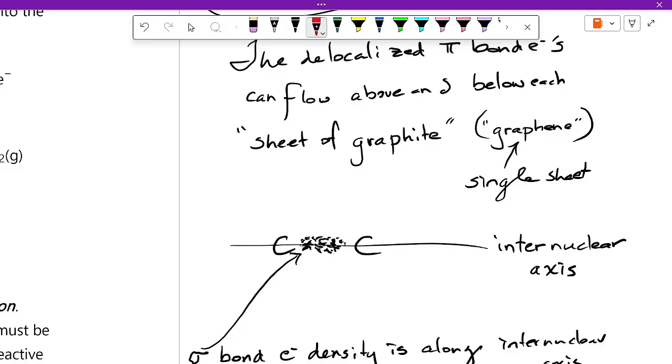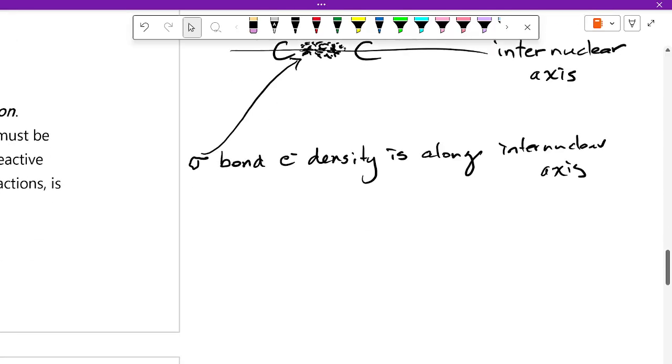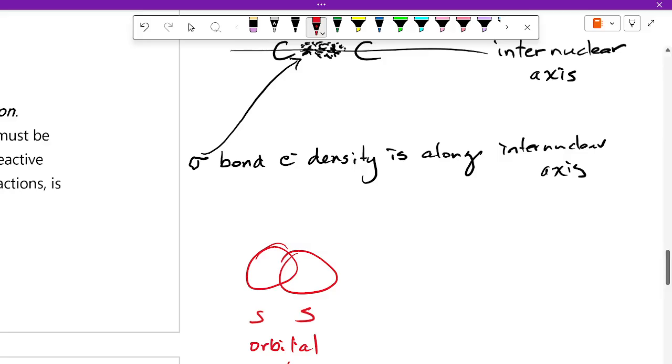Do you guys remember that? So if you have two s orbitals, you end up with a single bond, a sigma bond. If you have a p orbital and a p orbital, that is also a sigma bond.